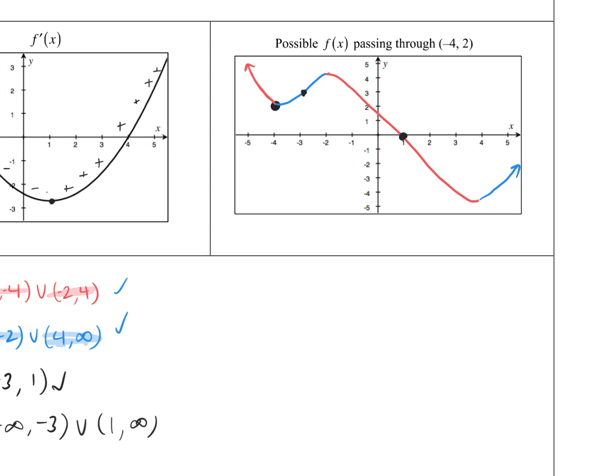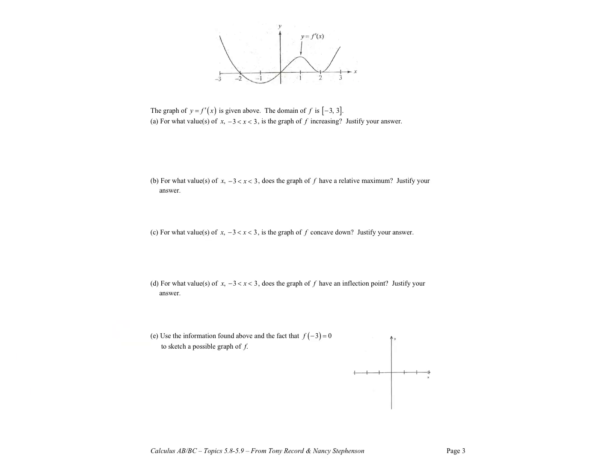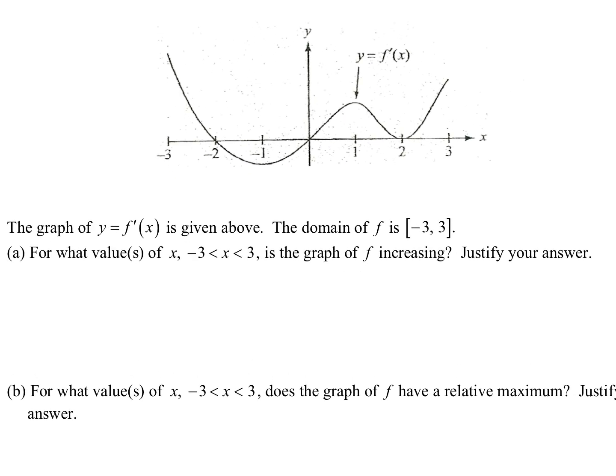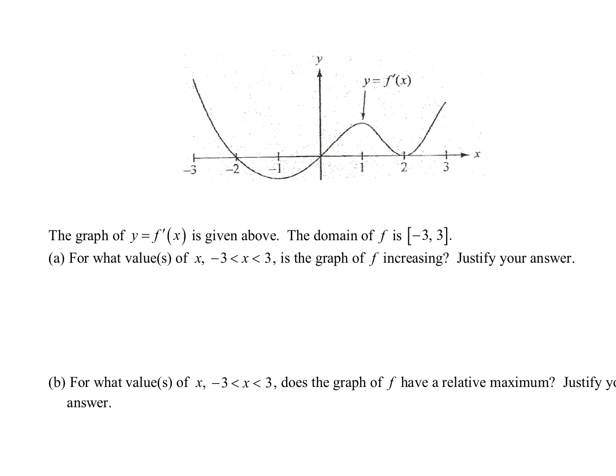All right. Moving on to looking at a graph, answering some questions about relative max, relative min, and that kind of stuff. Okay, so again, we're given a derivative function here, and it's on the domain -3 to 3, and we need to answer the following questions.